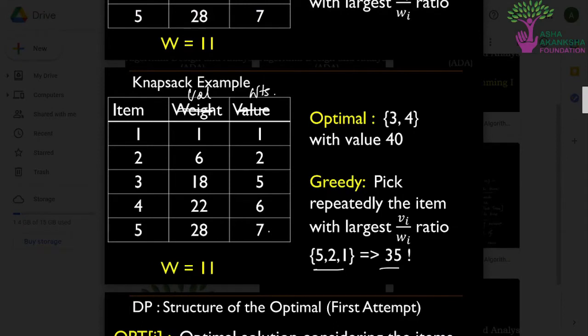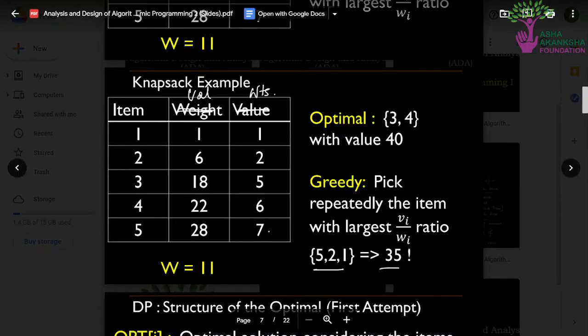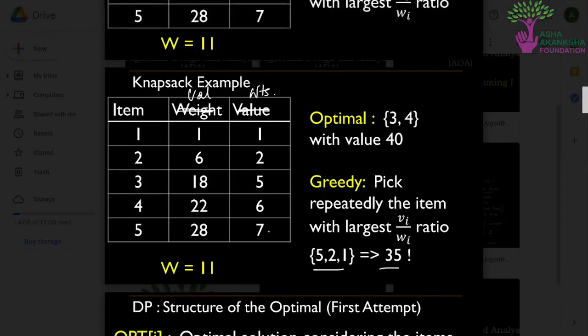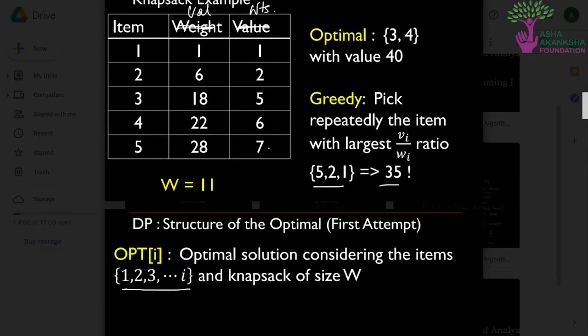This is the greedy solution, and this is obviously less than the optimal solution, which is equal to 40, and hence the greedy solution is not a correct solution for this case.